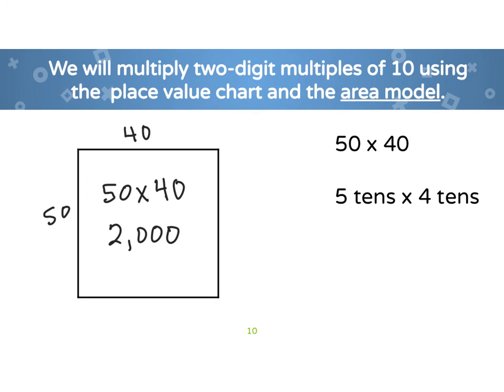If we were actually trying to figure out the area, we would have to put square units. But we're just using the area model to understand representing multiplication of 2 digits by 2 digits.